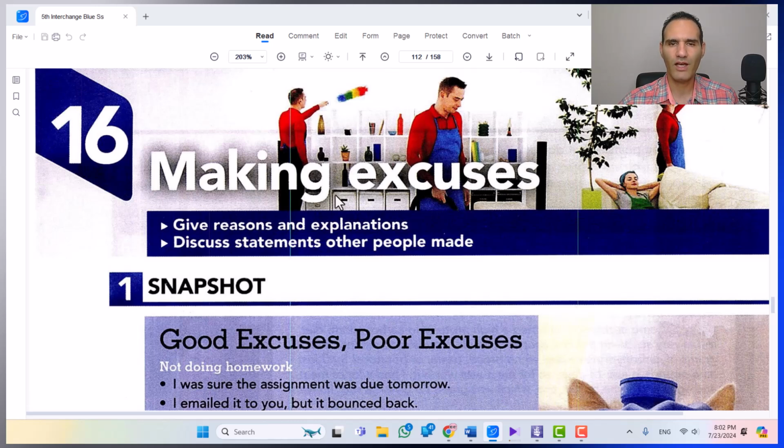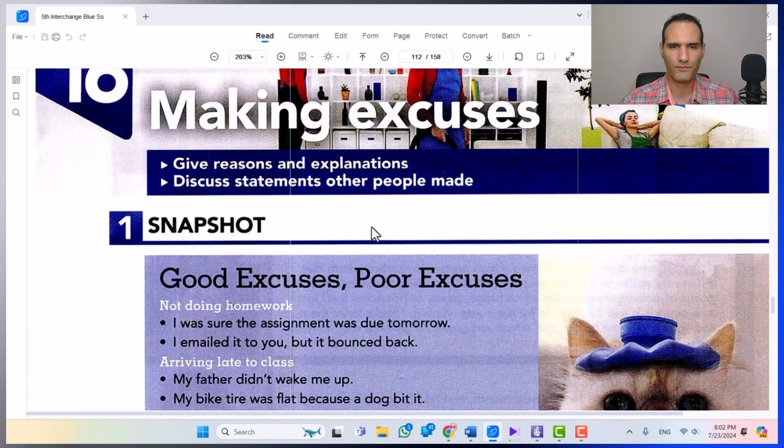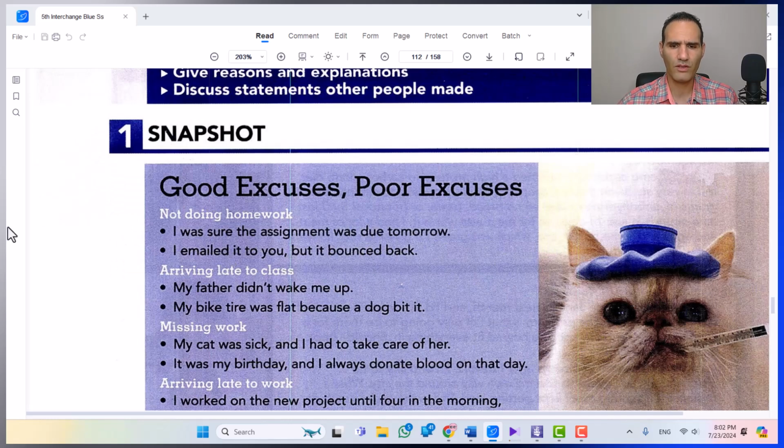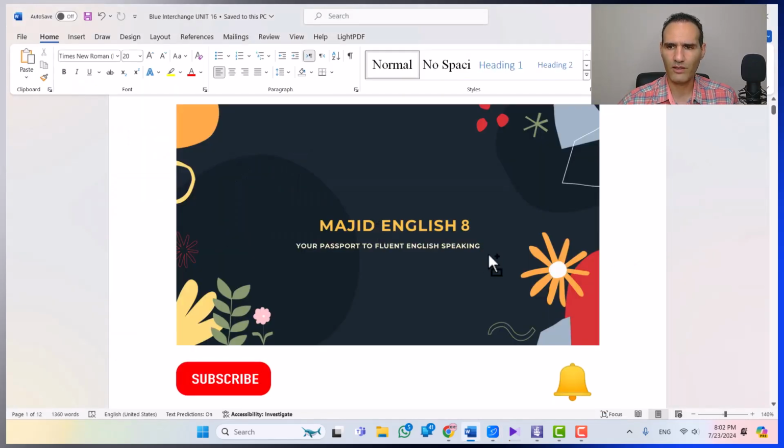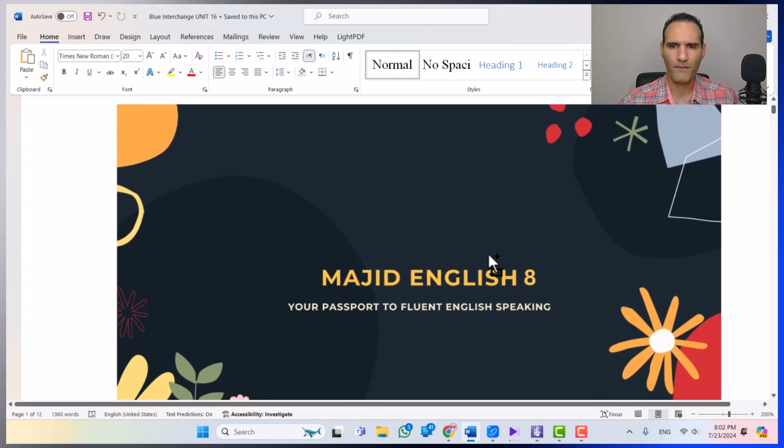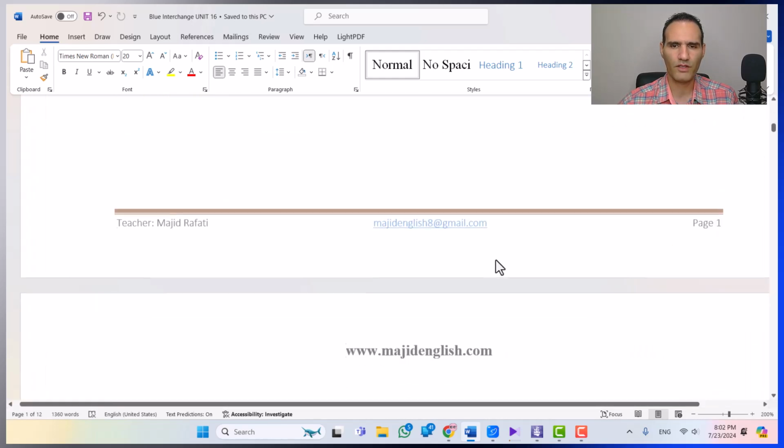In the beginning we have make excuse, and because it is a noun we pronounce it excuse. If it is a verb, excuse, for example, excuse me, but it is a noun, so excuse, and the collocation for that, make excuse. Before we start the unit, let's take a look at the word file and see at a glance what we are covering today.